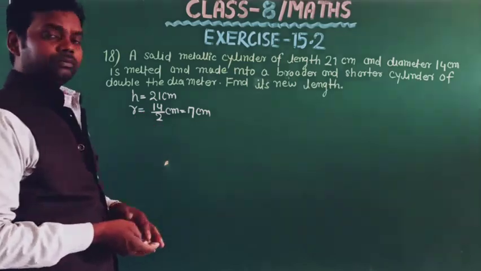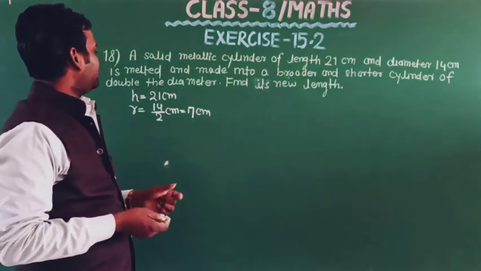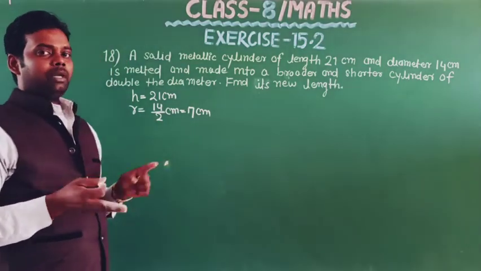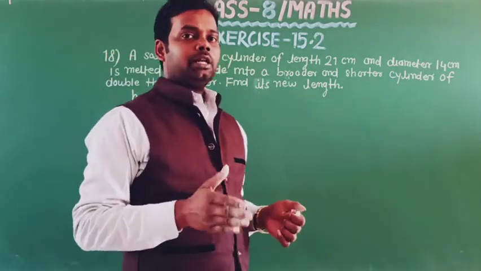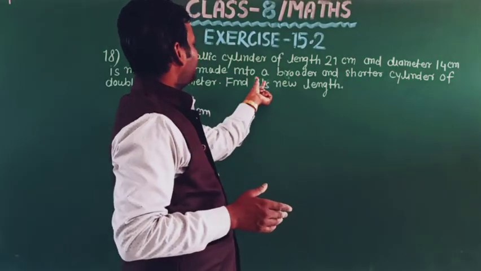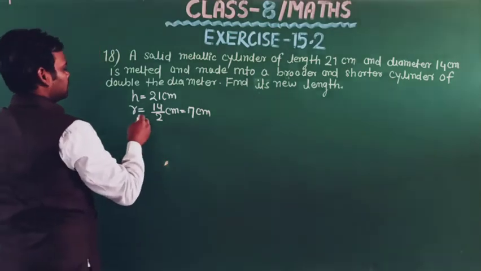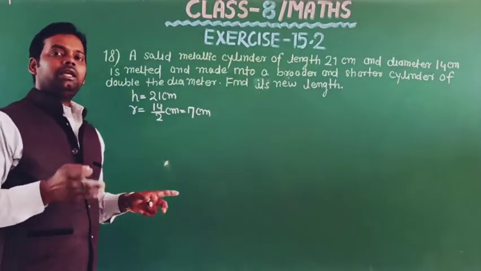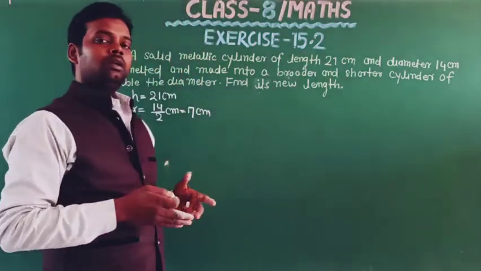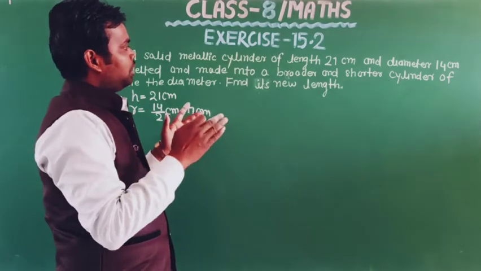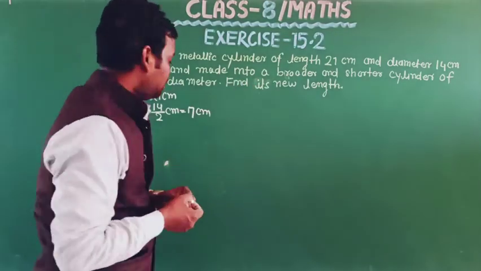The diameter of the given metallic cylinder is given, so double the diameter means 28. So 28 is the diameter of the new, broader and shorter cylinder formed from the given cylinder.